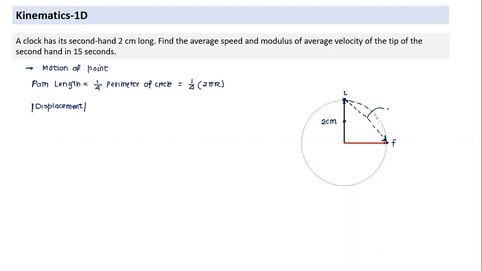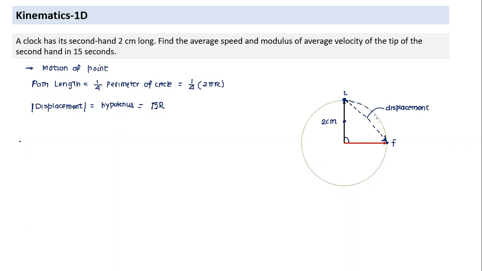This is my displacement vector. I'm interested in its magnitude, which is simple to find. If r is the radius, it forms a right-angle triangle, so the magnitude is equal to the hypotenuse, which is √2 r. So we have found both things.